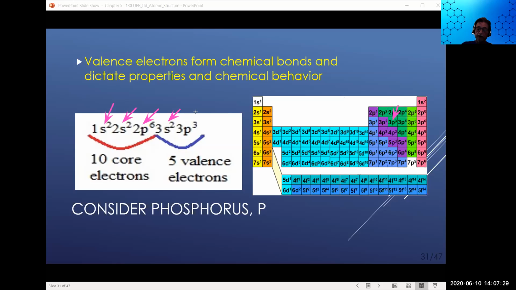And then finally, 3p3. Now, the third energy level is what we call the outermost energy level, the outermost level where the electrons exist. Phosphorus has 5 valence electrons. 5 of them.